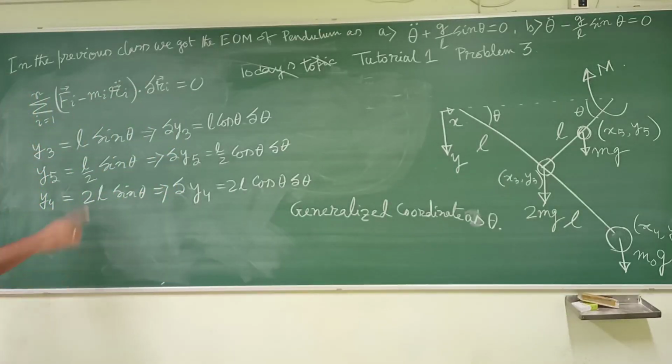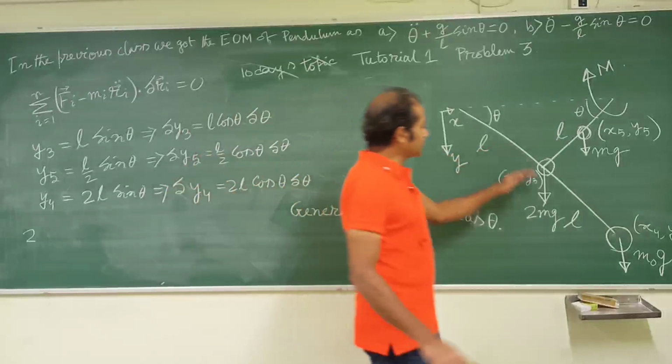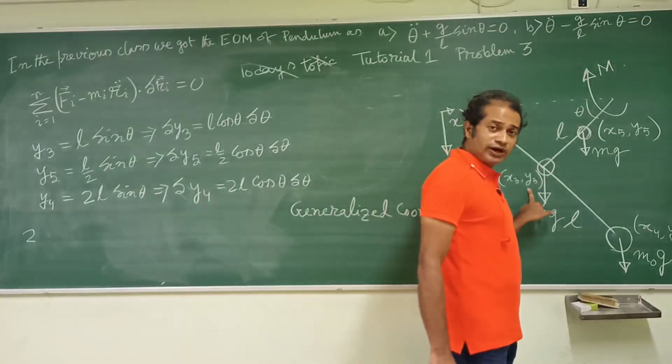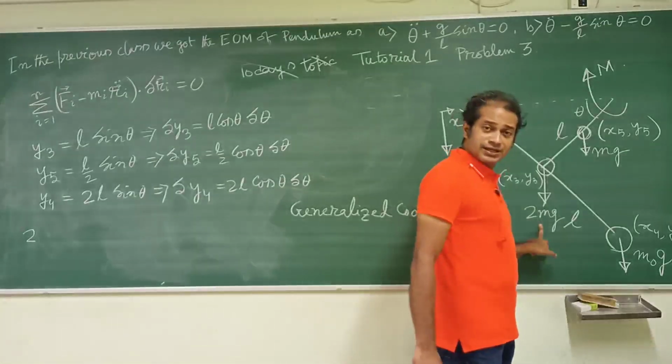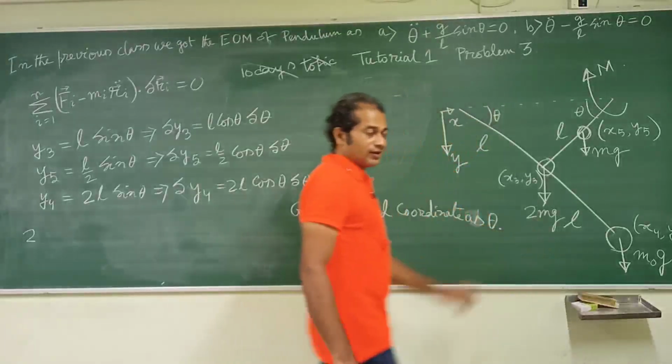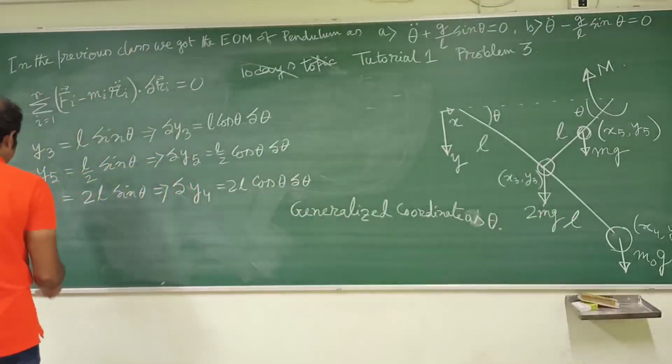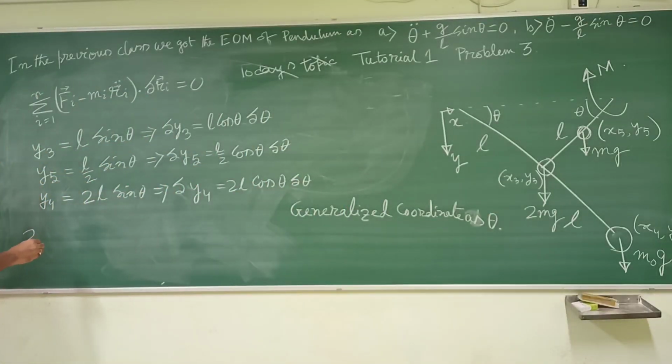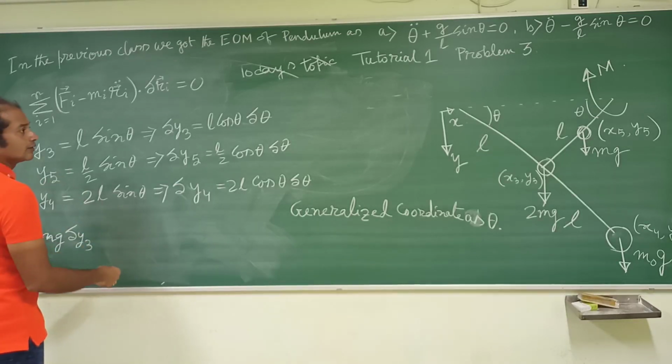So I will be doing what? Next, twice m. Look carefully that the work done by this is equal to del y3 times twice mg, because they are collinear.